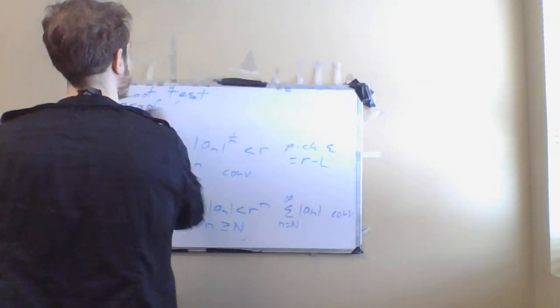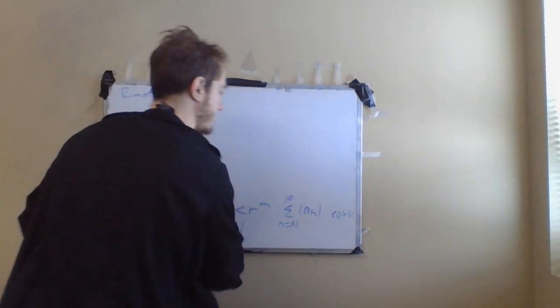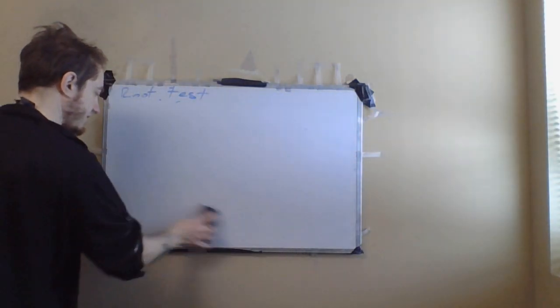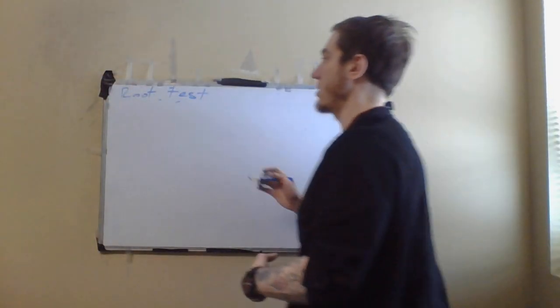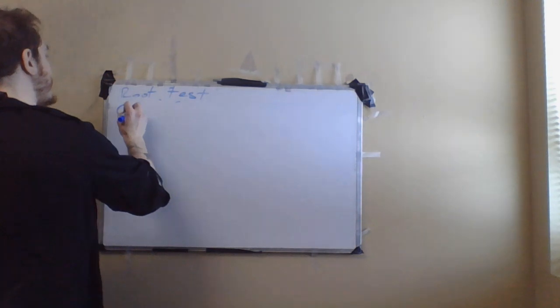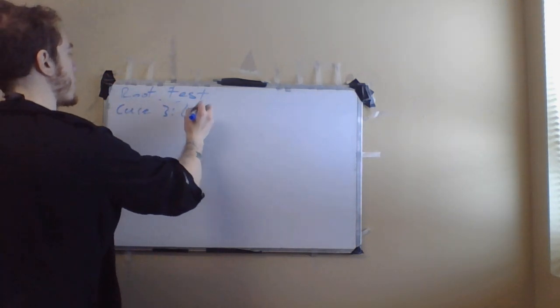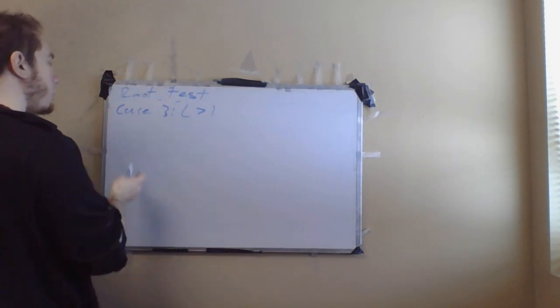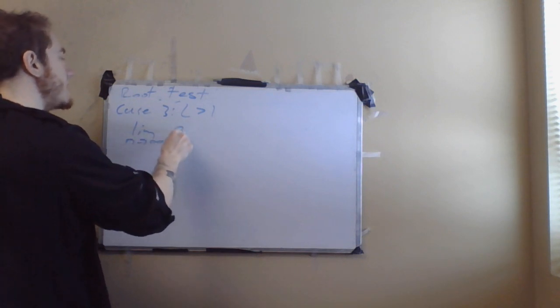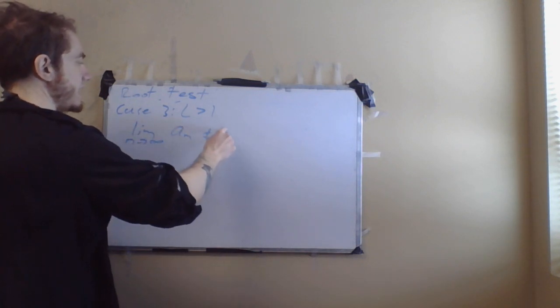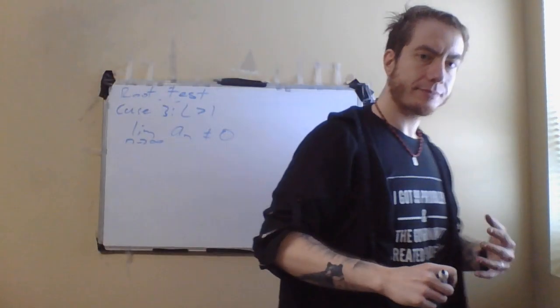The other cases are also similar to the ratio test, so I'm not going to show all the details of them. In case 3, where L is bigger than 1, once again, we end up showing that the limit as n goes to infinity of the a sub n's is not equal to 0.